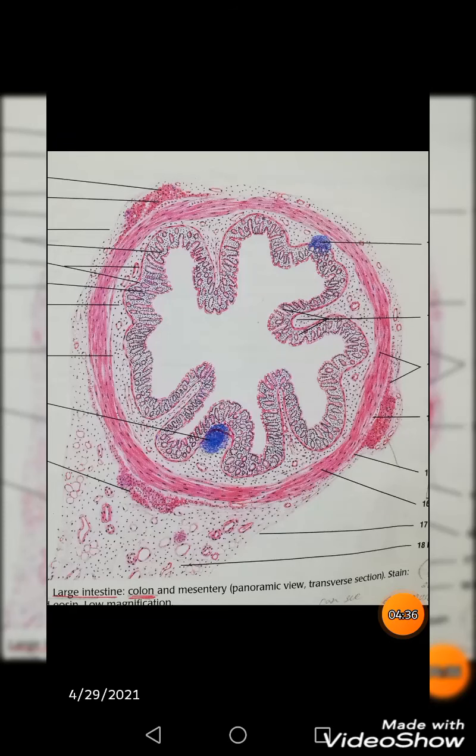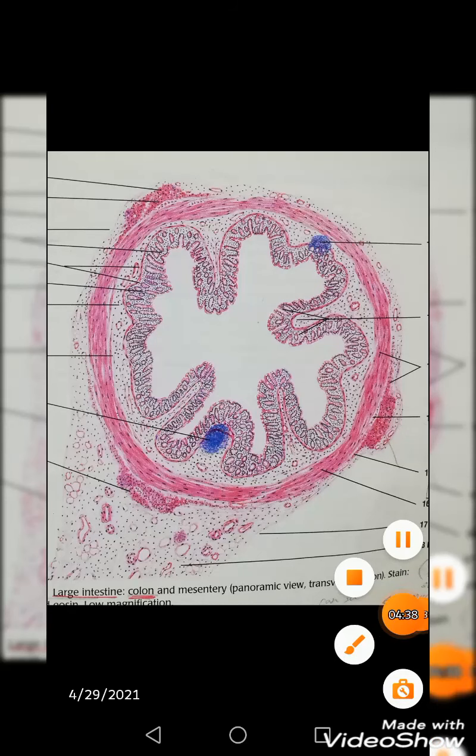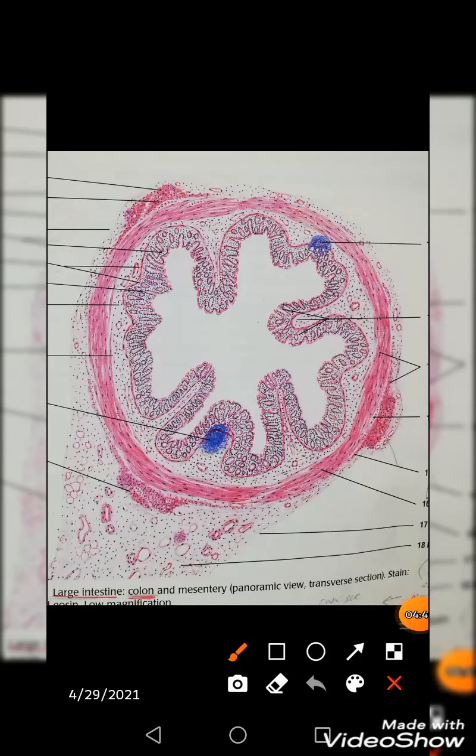Now this is the transverse section of your colon. So we will start learning it from the lumen. This is the first layer, called the mucosa. It has an epithelial lining, and you can see the deep indented simple tubular glands, which are the crypts of Lieberkuhn.